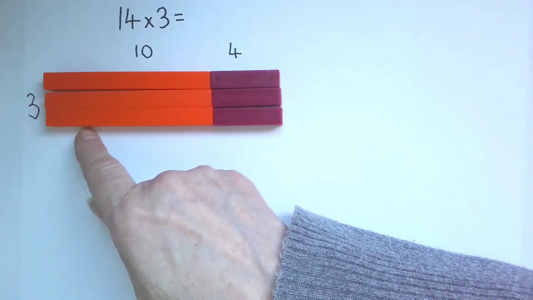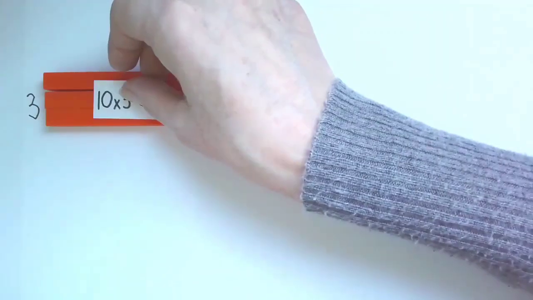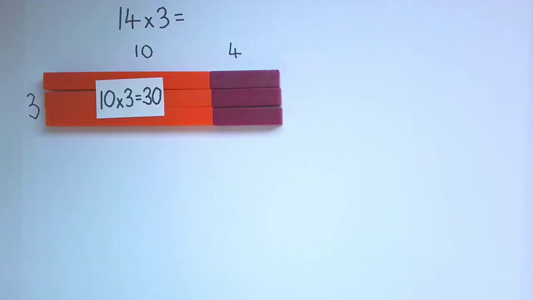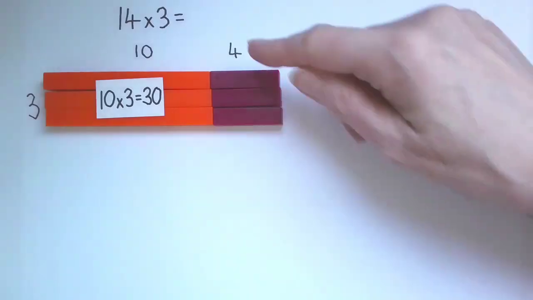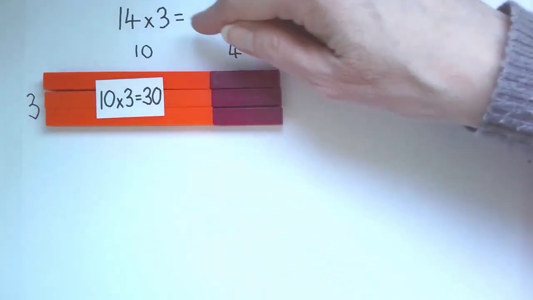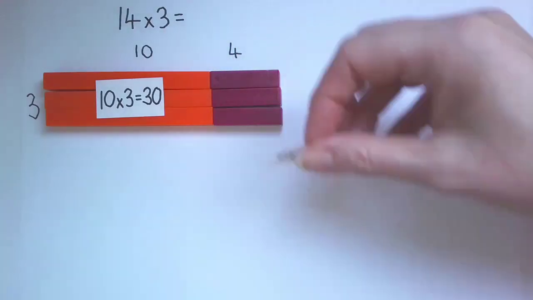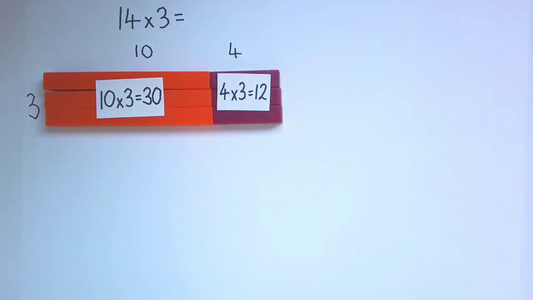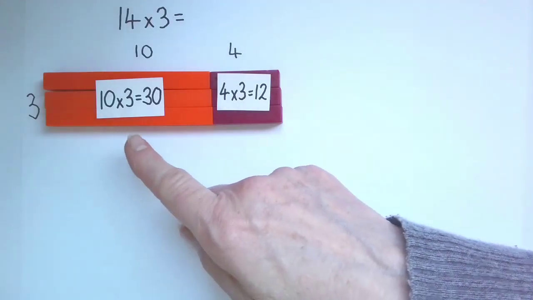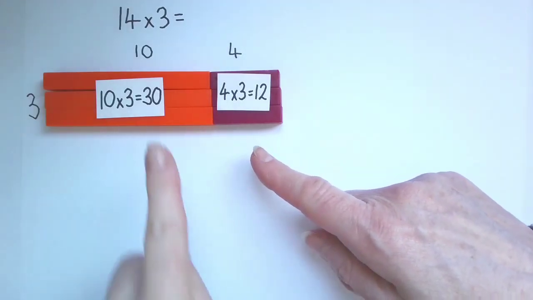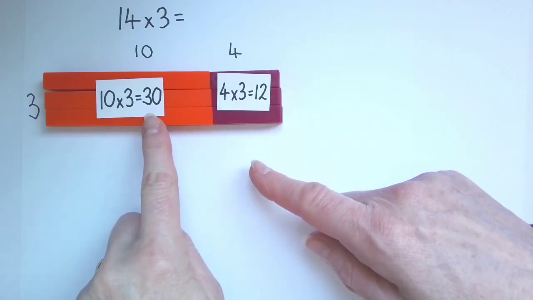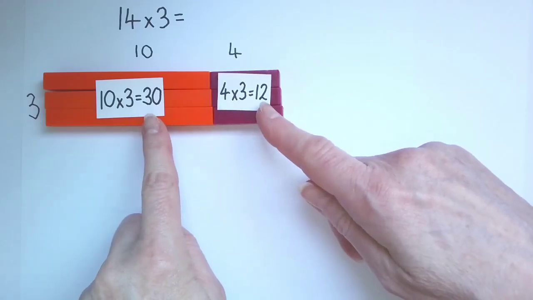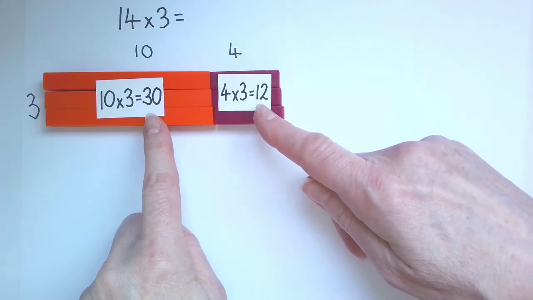So 3 multiplied by 10, 3 lots of 10, would equal 30. And then looking at my 1s, I've got 3 multiplied by 4, which would be 12. And now I can actually see that to find 14 multiplied by 3, I can add together 30 and 12, and that would give me my answer.